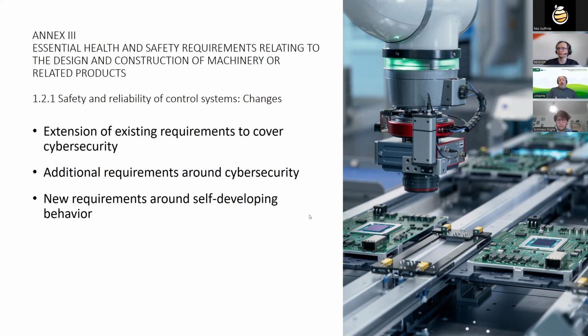And here we have some requirements that we saw already in the machinery directive, but they have been extended, so they also include cybersecurity aspects. We have some completely new requirements related to cybersecurity, and we also see new requirements related to AI, and it's something called self-developing behavior that is specifically mentioned in this chapter.